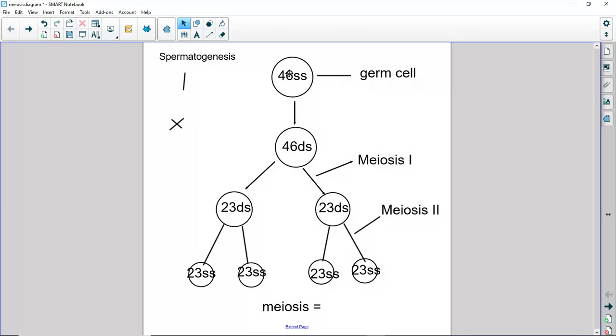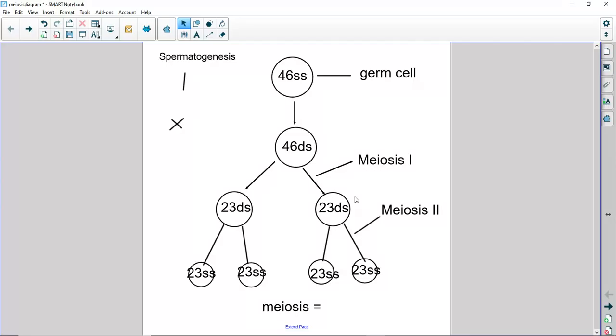In the precursor, again, you're going to have multiple things in the cell, organelles needed for the sex cell. All right, so moving through, it goes through its first meiosis, and the 46 double-stranded separate into 23 double-stranded. Once you see the number 23, that's a haploid cell. It doesn't matter whether it's single or double. 23 is the haploid number in humans.